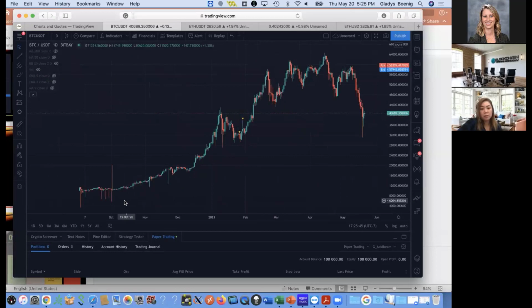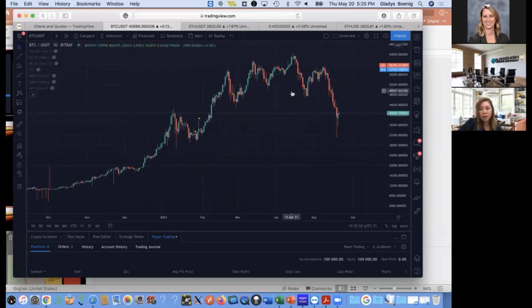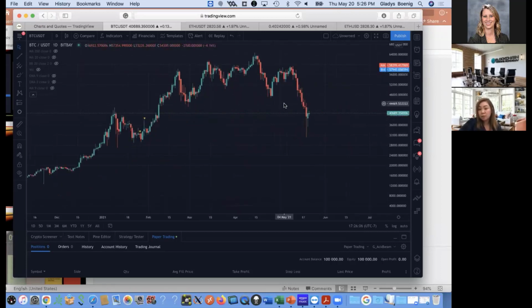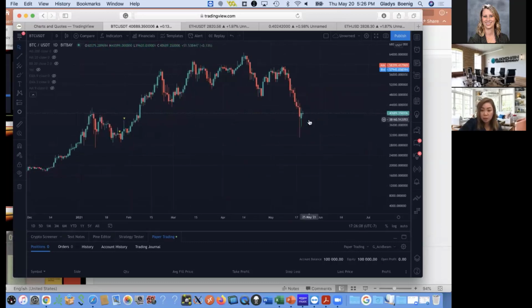Zoom out. You see that, it's been a bull run, a bull run, a bull run. And look at this, some distribution, some selling off. So that's daily. If I'm a long-term investor, I'm going to be like, okay, maybe it is going up. I see that. And maybe it's a good time to buy because it is lower.